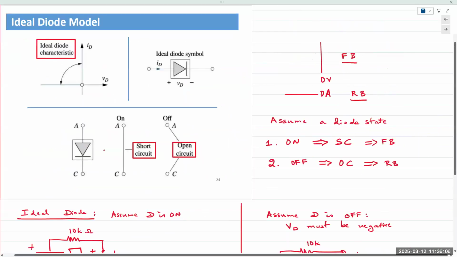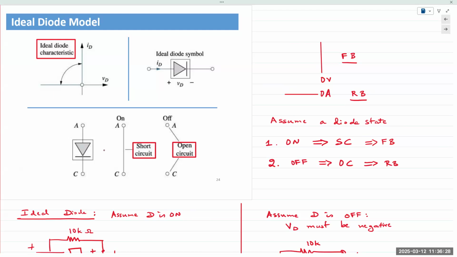All right, the ideal diode model and the constant voltage drop model are very similar. If it's reverse bias, the diode is off, and you replace it with an open circuit. If it's forward bias, the ideal diode model states the diode is a short circuit: diode is on, you replace it with a wire.